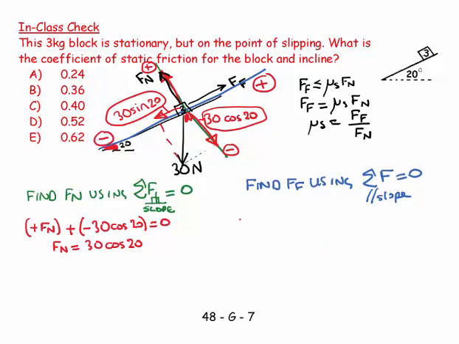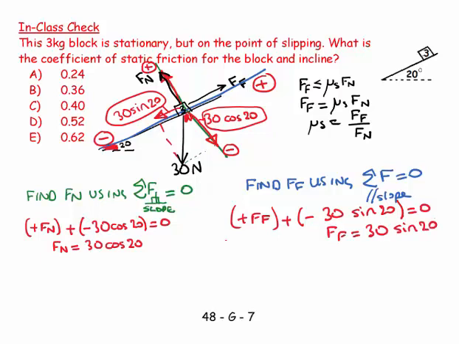And I say plus Ff added to minus 30 sine 20 is equal to 0. So Ff is equal to 30 sine 20.